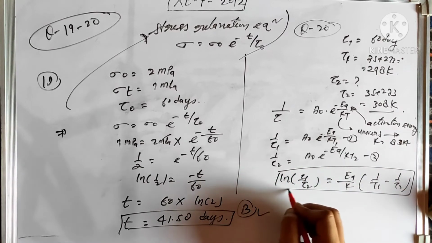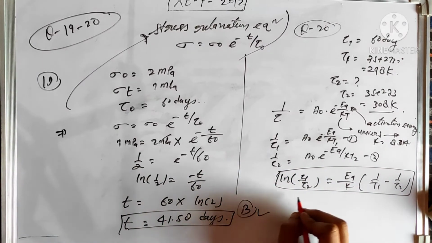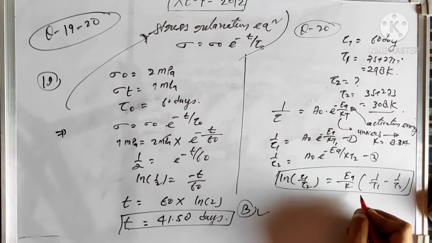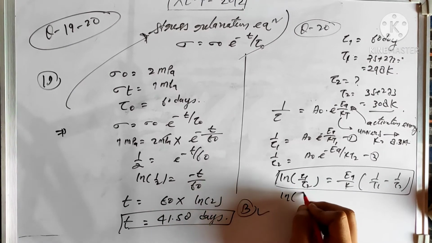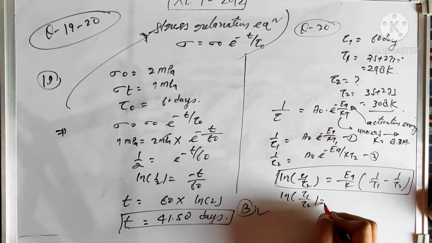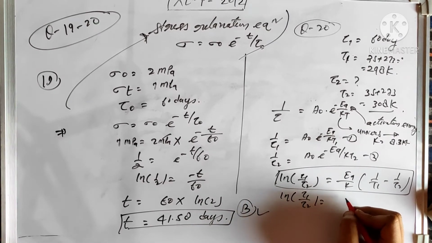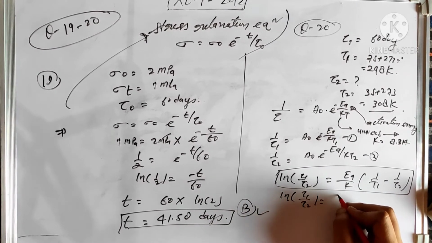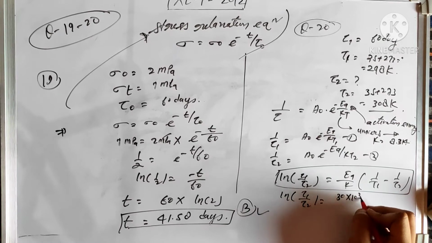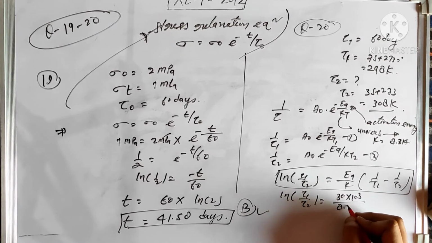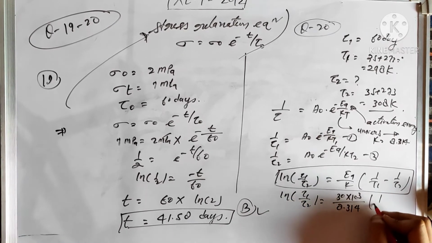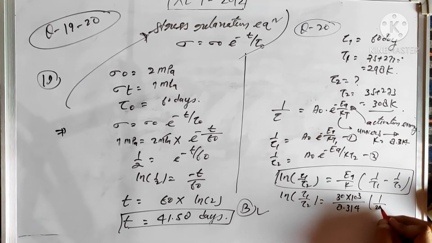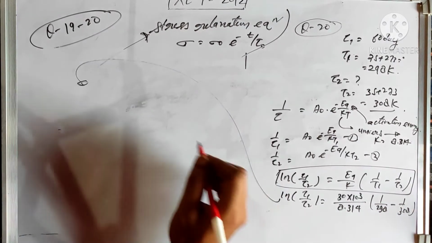Remember this formula. Then putting all the values, the activation energy is given in the question as 30 kilojoule, that is 30 into 10 power 3, R is equal to 8.314, into 1 upon 298 Kelvin minus 1 upon 308 Kelvin.